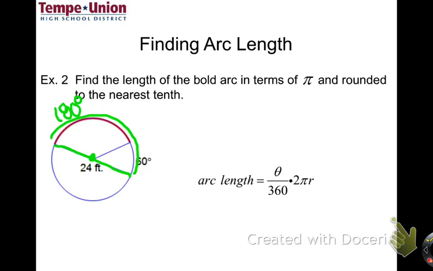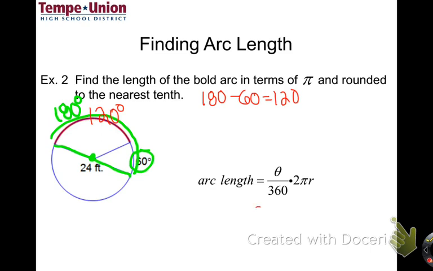So then if I take away the 60 degrees that's listed here, what's left is the red, and that would be 180 minus 60, so that would be 120. So that means the red arc is 120 degrees. So that's what I'm going to utilize when I'm figuring this out.